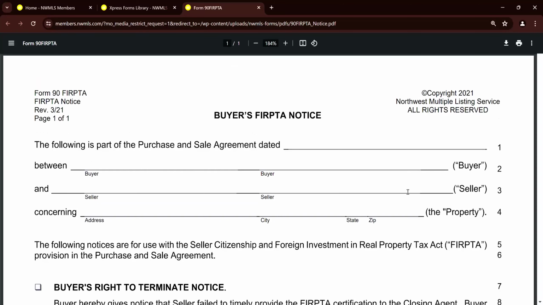So you would use this 90 FERPTA and a Form 50, and your buyer could walk. It's rare, but this one definitely could be used too. The only thing different is that this is the notice, and the second use would be the terminate, so you have to do both.